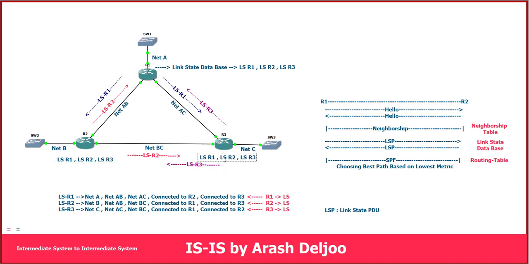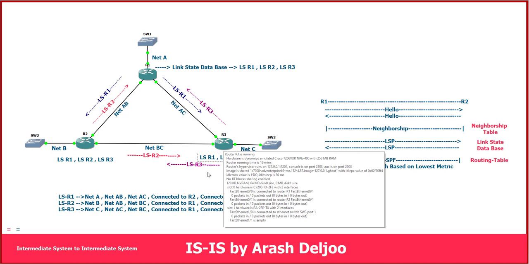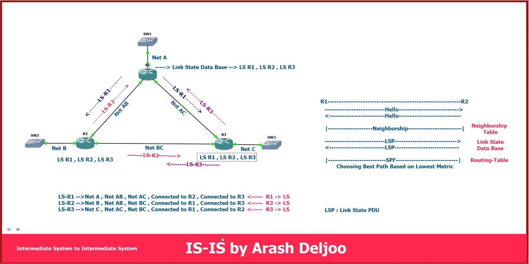At the first step, every router should create its link state. At the second step, each router should send its link state to the other routers in the network. And finally, each router has, for example, the link state of itself and the other routers.